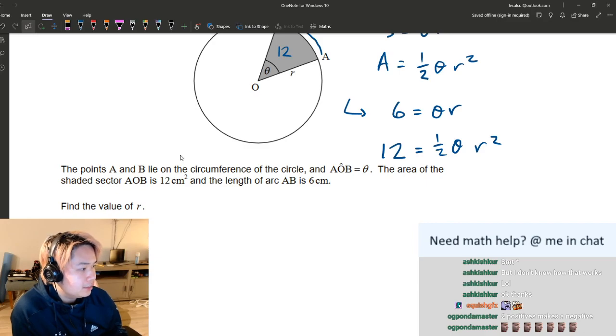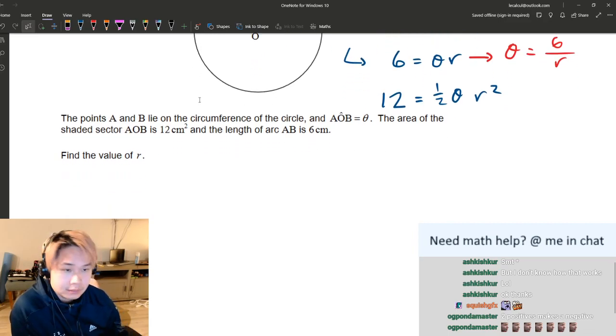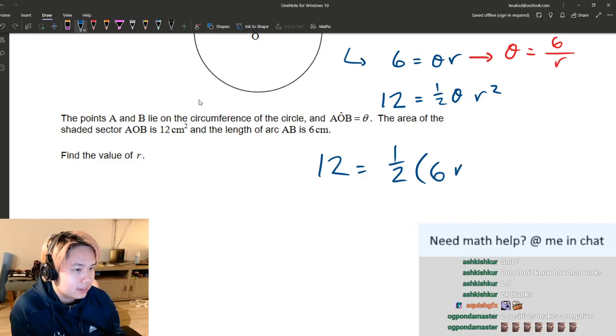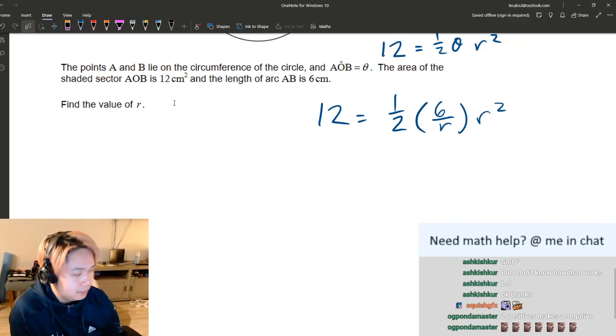Now since I want to solve for r, I'm just going to isolate for theta. So theta is 6 over r, so that when I make a substitution into the second equation, the only variable I have is r. So now this becomes 12 equals 1/2 times 6 over r, oops, that should be over r, times r squared.